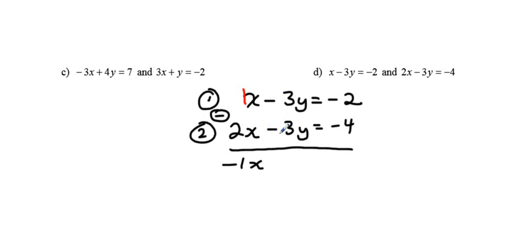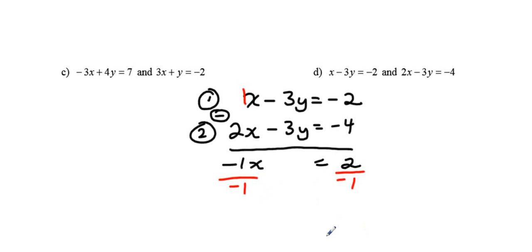So -3 plus 3 is 0. So I'm not even going to write it. Now this is tricky. -2 minus -4. -2 minus is a plus, so it's actually -2 plus 4, which is 2. All right, we're going to divide through then by that -1.